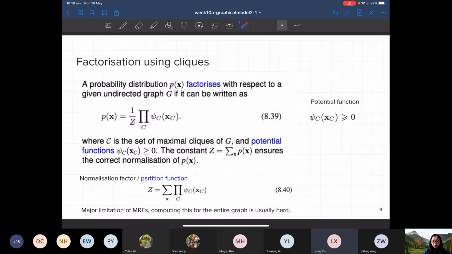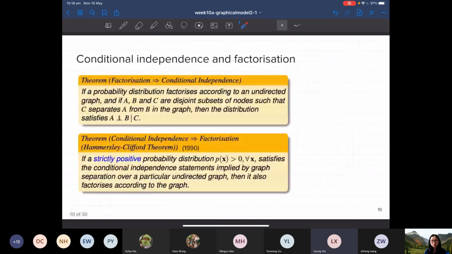So computing the normalization factor Z for the entire graph can be hard, but as we already saw, there are ways of computing P of X without worrying about this partition function. That's good news in a sense.